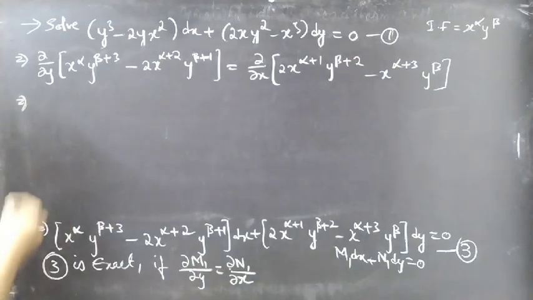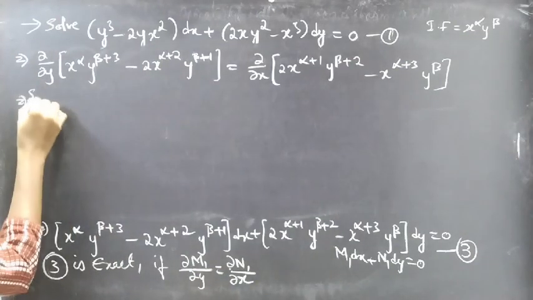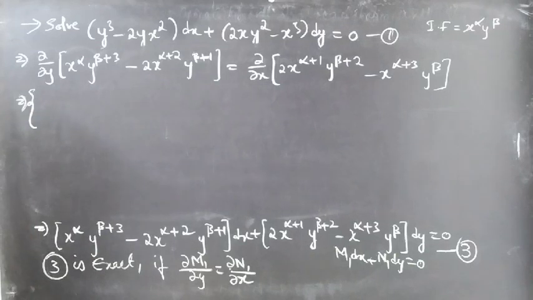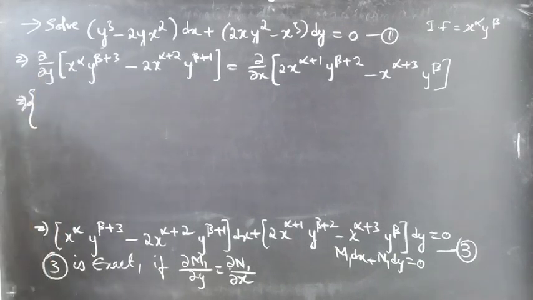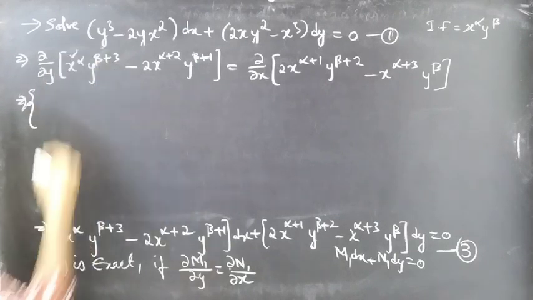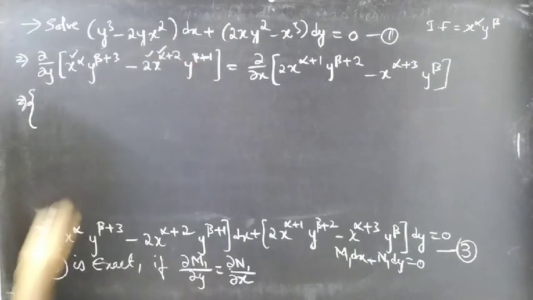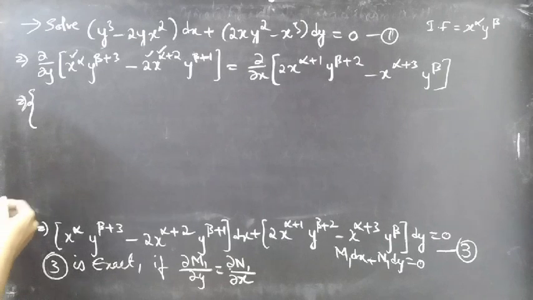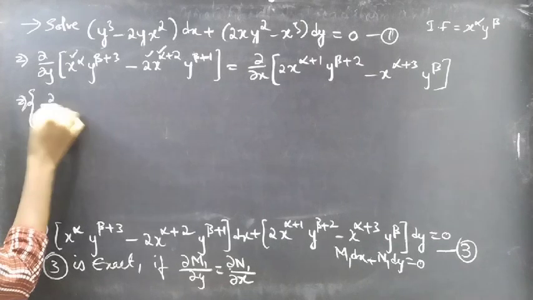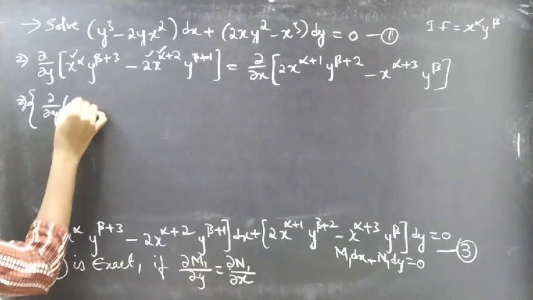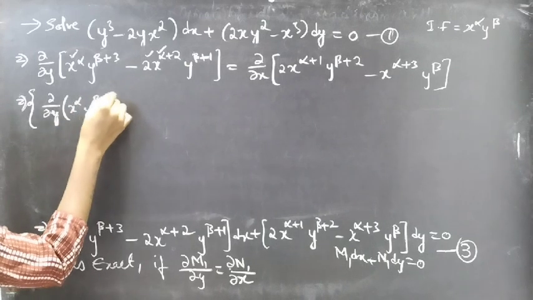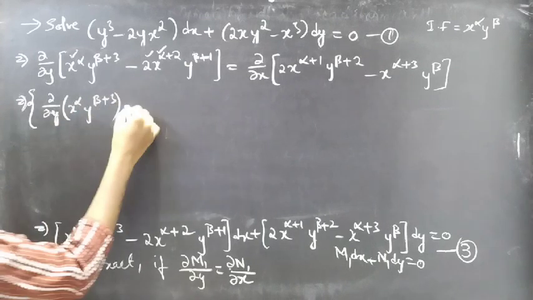Let's find the partial derivatives. See here it's a partial derivative with respect to y, right? So x will be constant. Here x^α and 2x^(α+2) are constant, right? So I'll go with 2 steps, you can skip this step.